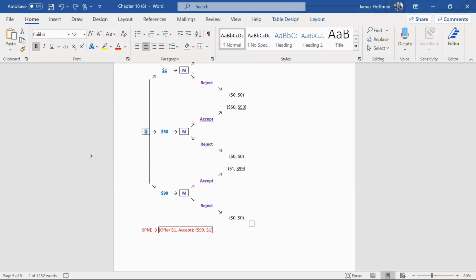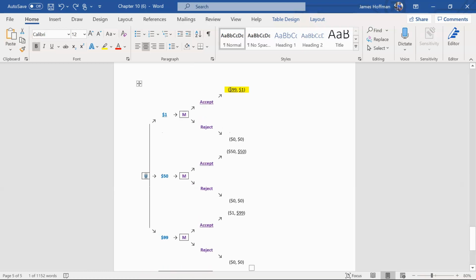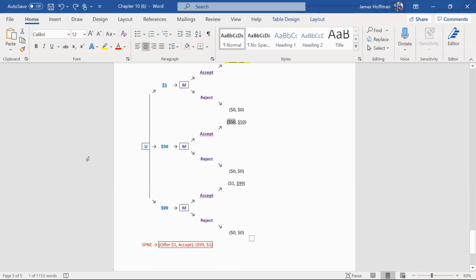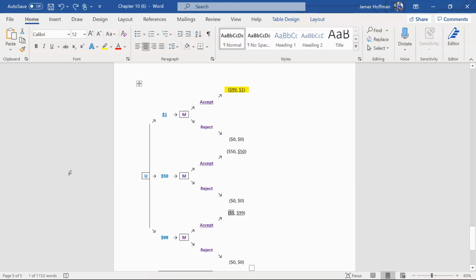So the union's best move is to offer the least and get the most, because it'll get accepted no matter what. If they offer $1, it gets accepted and they get 99. If they offer 50, it gets accepted and they get 50. If they offer 99, it gets accepted and they get $1. Everything is going to get accepted, and they're choosing from $1, 50, and 99.